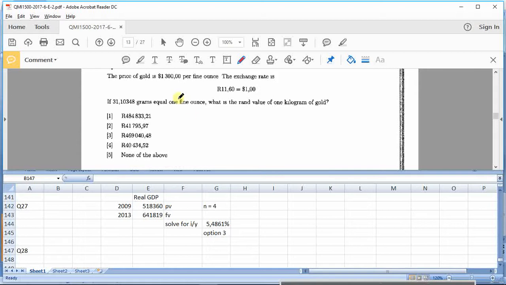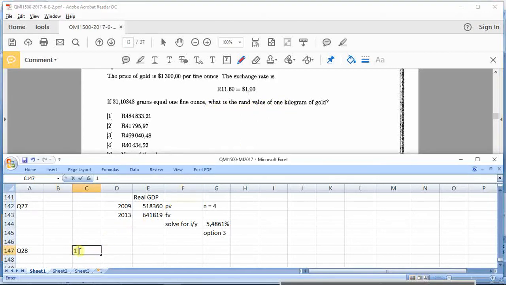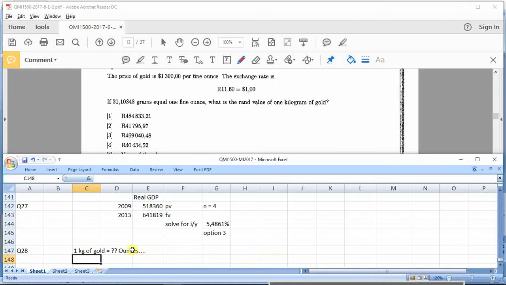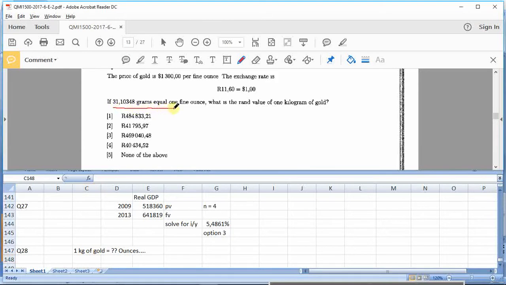28. The price of gold is $1,300 per ounce. The exchange rate is that. If 31 grams equal 1 fine ounce, what is the rand value of 1 kilogram of gold? So 1 kg of gold equals question mark ounces. We know that there are 31 grams in 1 fine ounce.